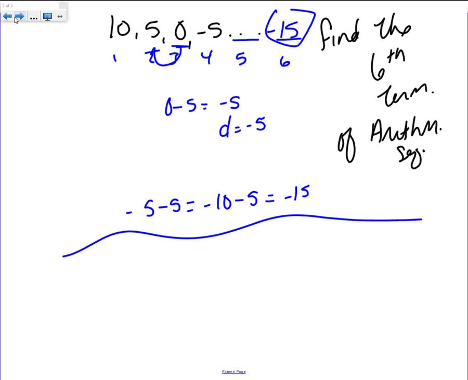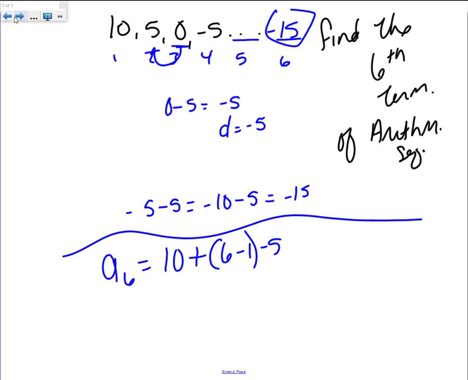Or I could use the equation, right? I could do the 6th term, so that's a sub 6, is equal to a sub 1, which is 10, and that's going to be plus the 6 minus 1 times d, and d is negative 5.